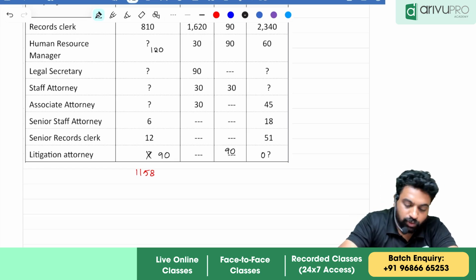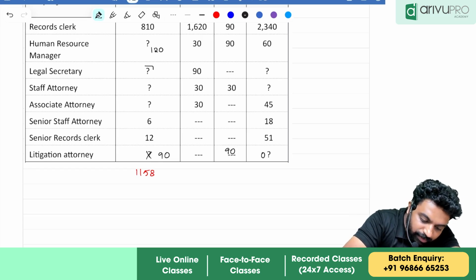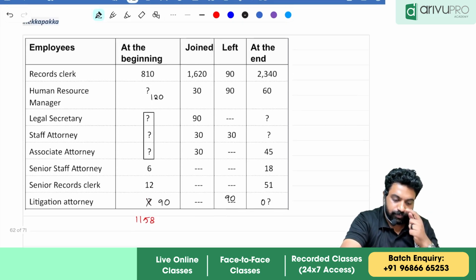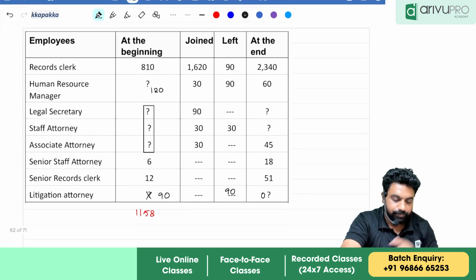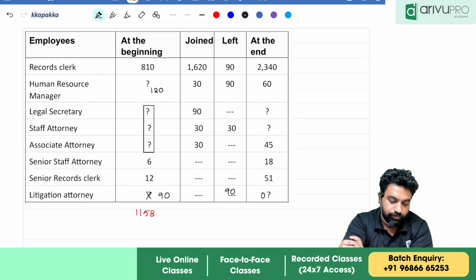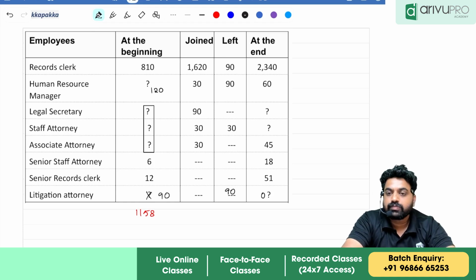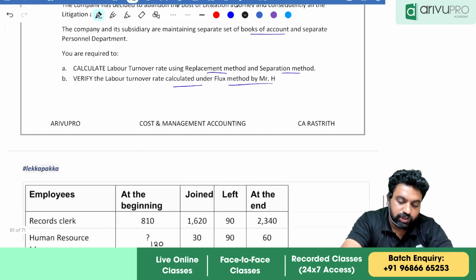Opening should be 90. Correct? Now, that means, can you tell me, the total of these three is how much? Balancing figure. 120 or 130? 120. Now listen, the 120 that they are telling is in the ratio of 3:3:2.